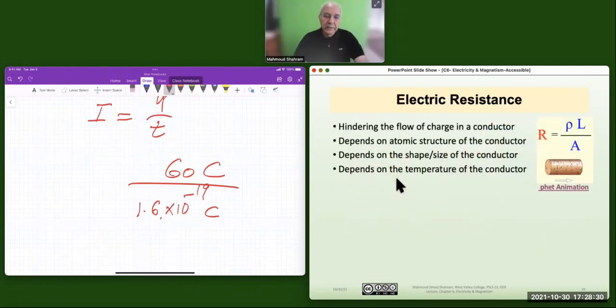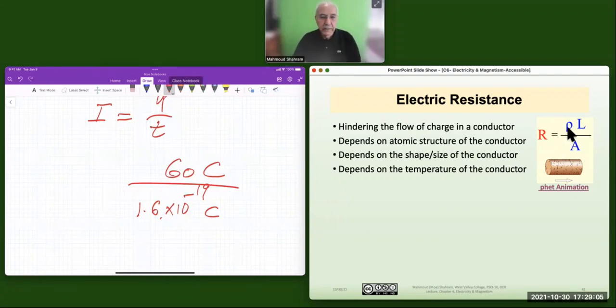Now, we talked about current and flow of current in the conductor, but the current doesn't go that easily. Each conductor has a resistance, as we talked about. What does that resistance depend on? Well, it depends on a few factors. What material it is made out of? That is the resistivity, we call that rho, and it depends on the type of material.